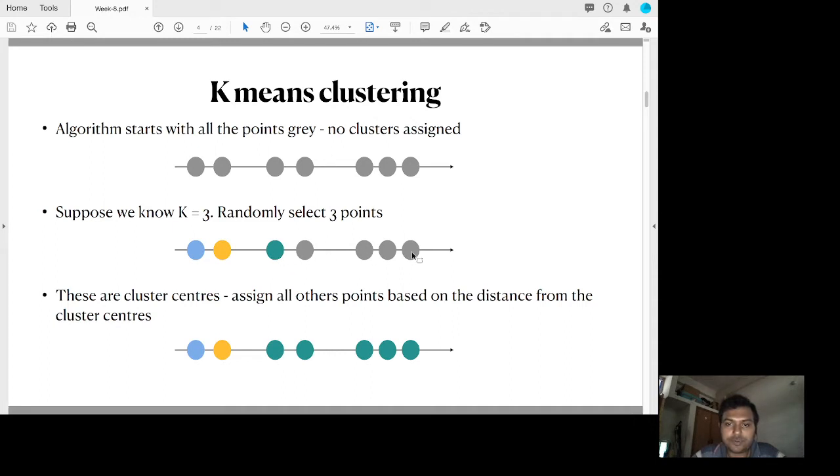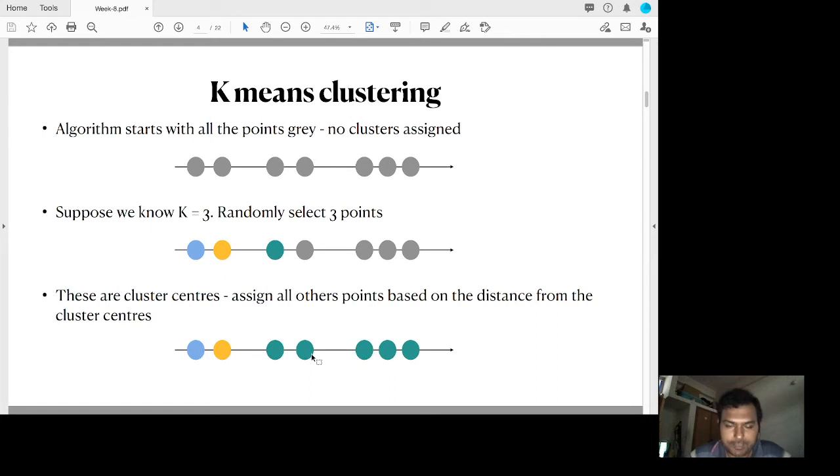So the way these last 4 points are situated, all of them will be given to the cluster green, and therefore at the end of the first stage you will see that there is 1 point in the blue cluster, 1 point in the yellow cluster, and 5 points in the green cluster. So I hope it is clear how the second diagram became the third diagram. If it is not clear, then please ask me right away.